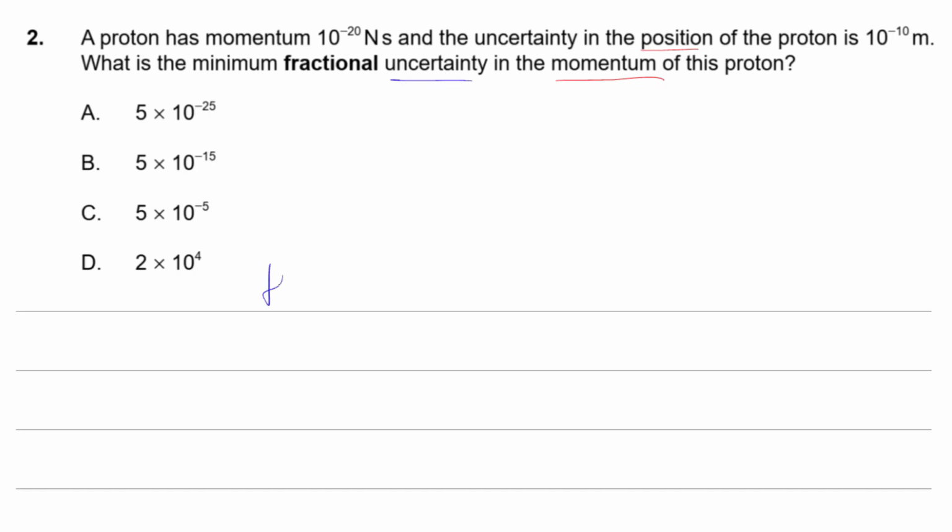This is called the Heisenberg uncertainty principle, from a German scientist in the early 20th century, Heisenberg.